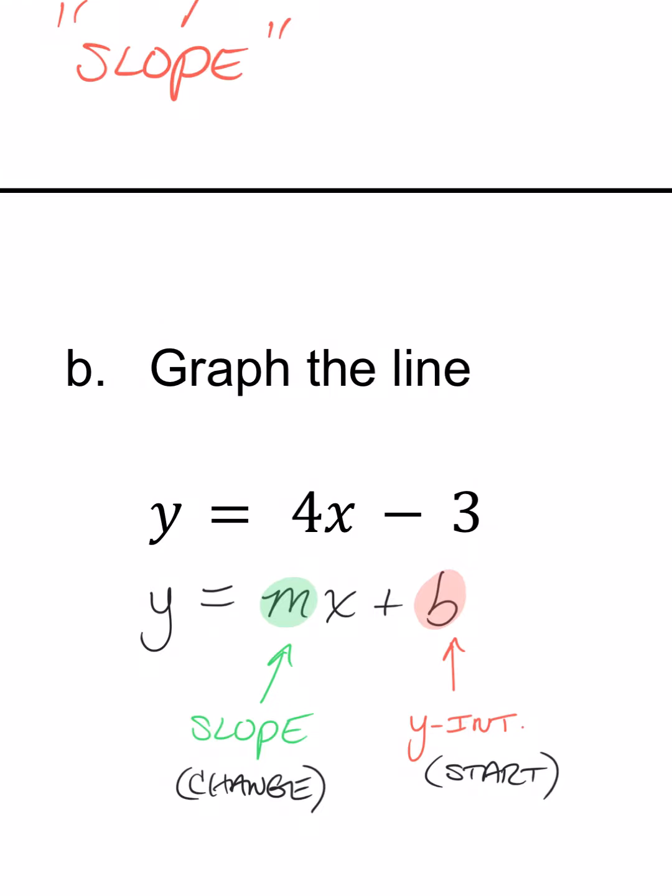Here clearly we see that our slope is 4, and our start, we're starting with -3. Just one thing to consider, 4 is the same as saying 4 over 1. We always like fractions with slope.